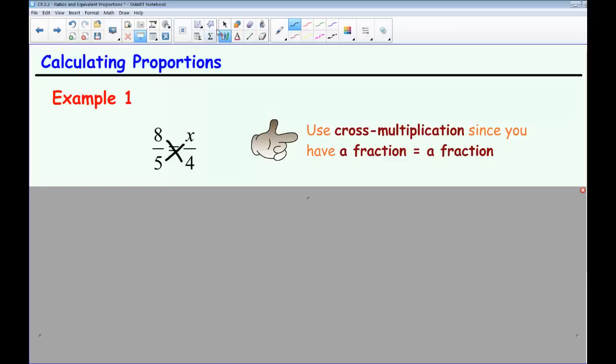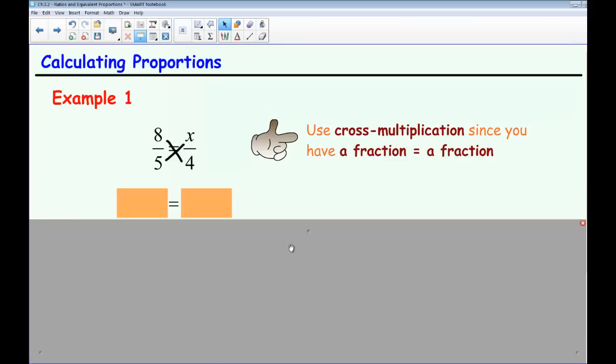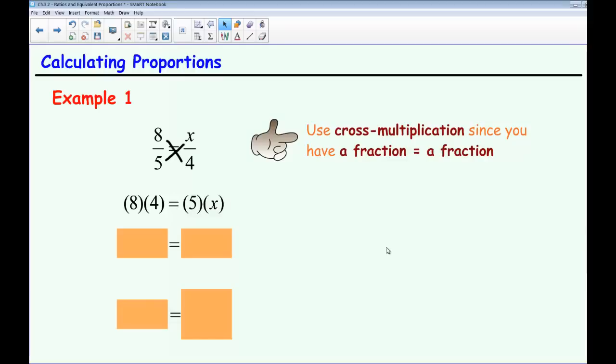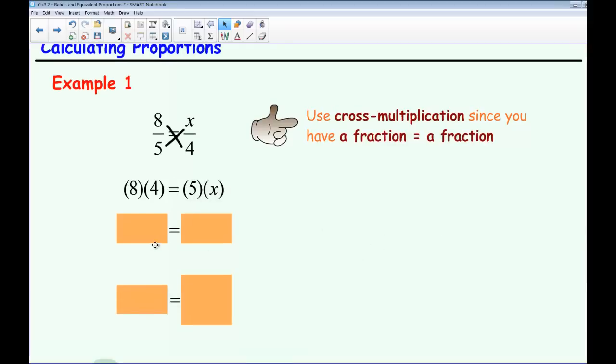So what we then have is 8 times 4 is equal to 5 times x. If I work this out, 8 times 4 is equal to 32, and 5 times x is equal to 5x.